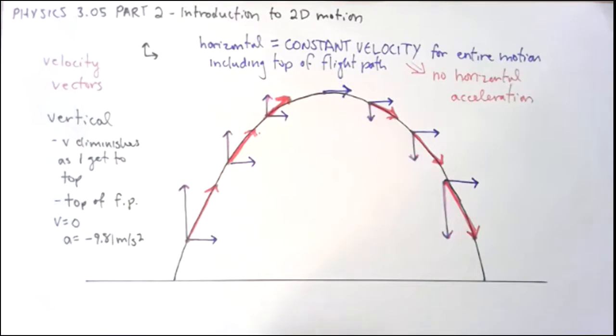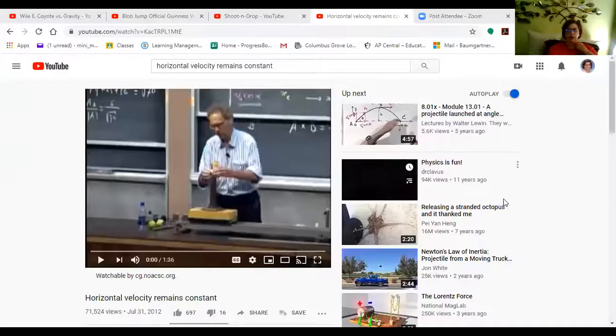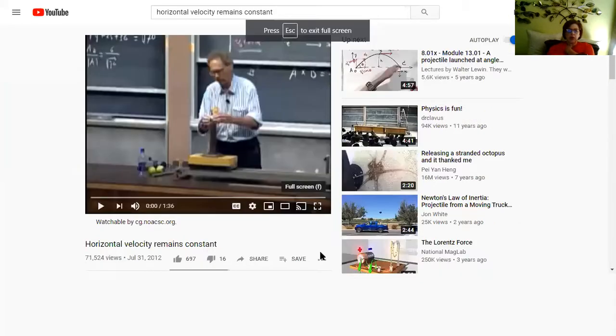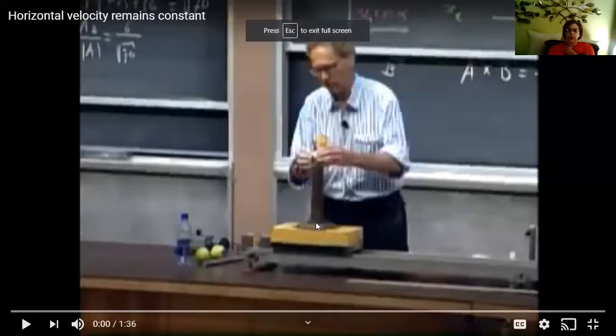So let's look at one last example of proof for this. I'm going to pause again. Okay, I'm going to share my screen one last time. We're going to watch Walter Lewin. He is a physicist at MIT, and he does an experiment. What's going to happen in this experiment is he has a cart with a ball launcher.